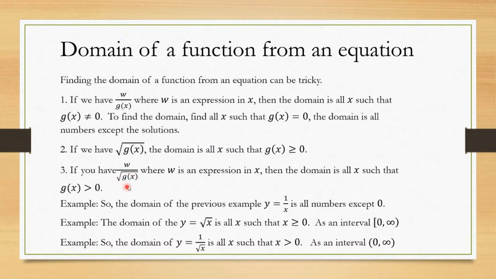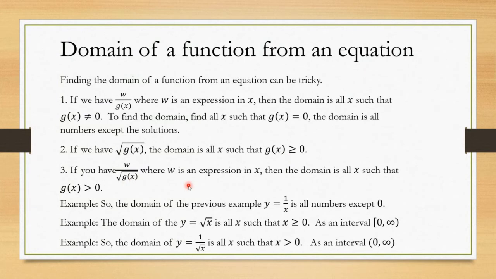But here, since you have the square root of g of x in the denominator, the domain is all x such that g of x, the radicand here, is strictly greater than 0. It's not like number 2 where it's greater than or equal to 0. We don't want it equal to 0, so just greater than 0.